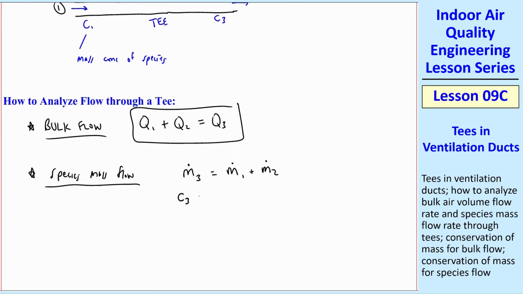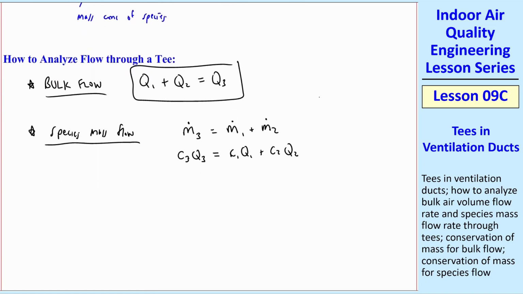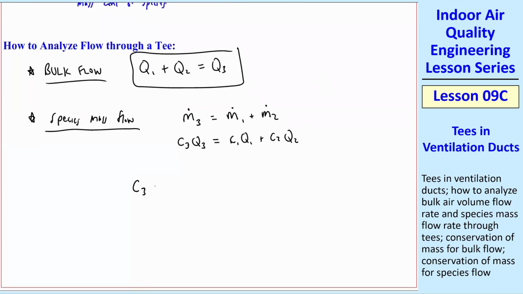And we write that, as we learned the first week of class, as C3 Q3 equals C1 Q1 plus C2 Q2. If we solve for C3, C3 is equal to (C1 Q1 plus C2 Q2) over Q3, and that's our solution.